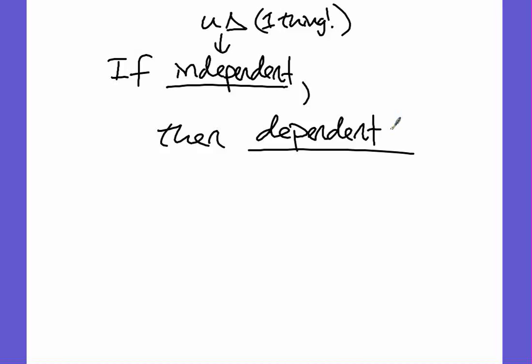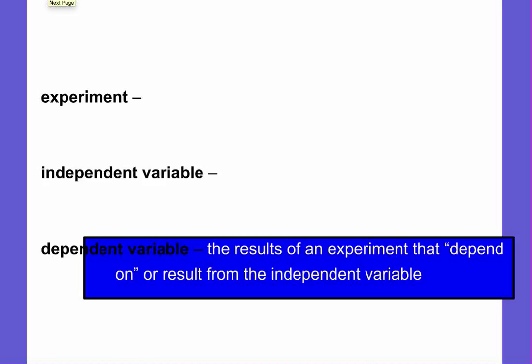It should be a direct result of that change that you make, which is why you can't change a lot of stuff, because then you don't know what caused that result. So my dependent variable should be that measurable result. It should depend on the independent variable. Right?